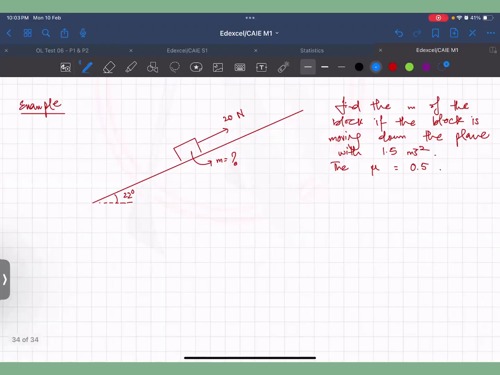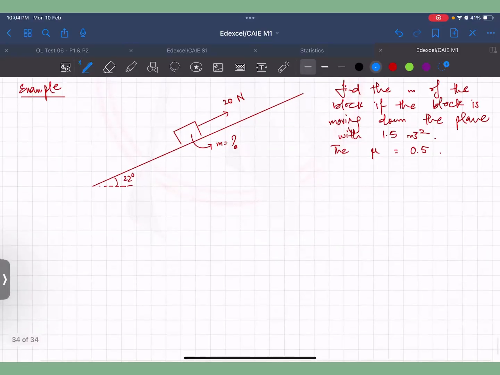So let me think if I have to make some changes. I think it's good.